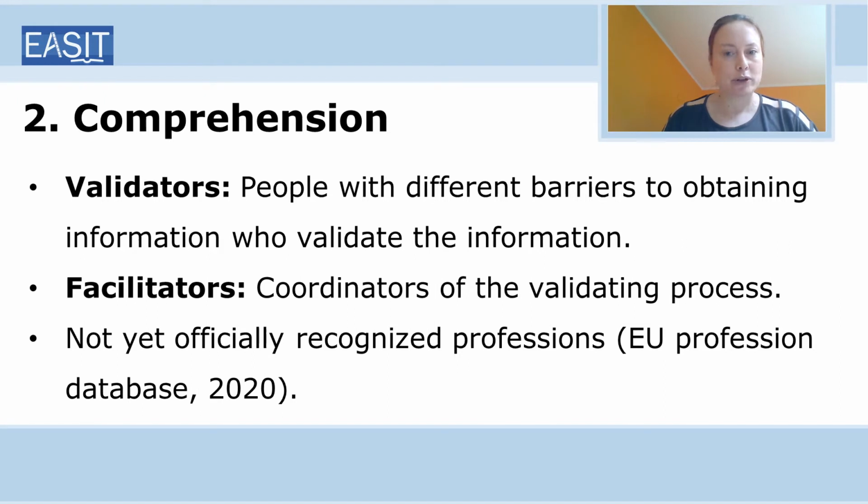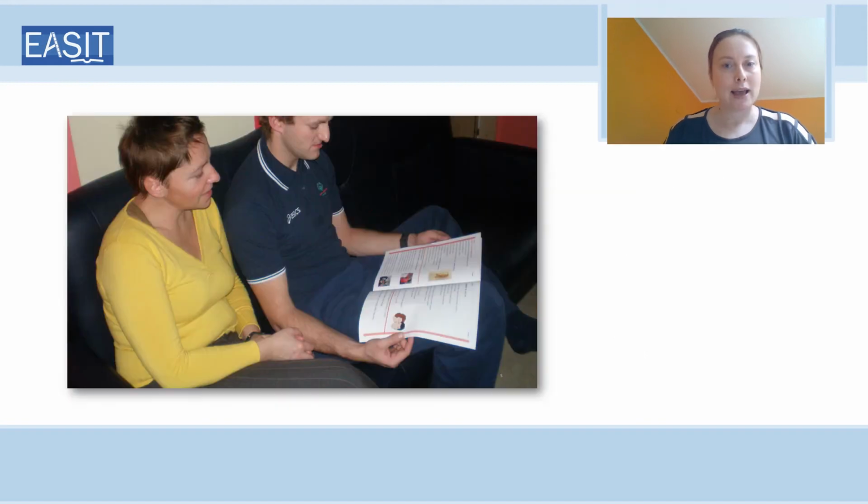Facilitators are there to support them and are coordinators of the validating process. The roles of validators and facilitators are not yet officially recognized as professions, which is clear from the European Union Profession Database in 2020. As seen in this photo of a validator and a facilitator discussing printed information, both key actors work together very closely.